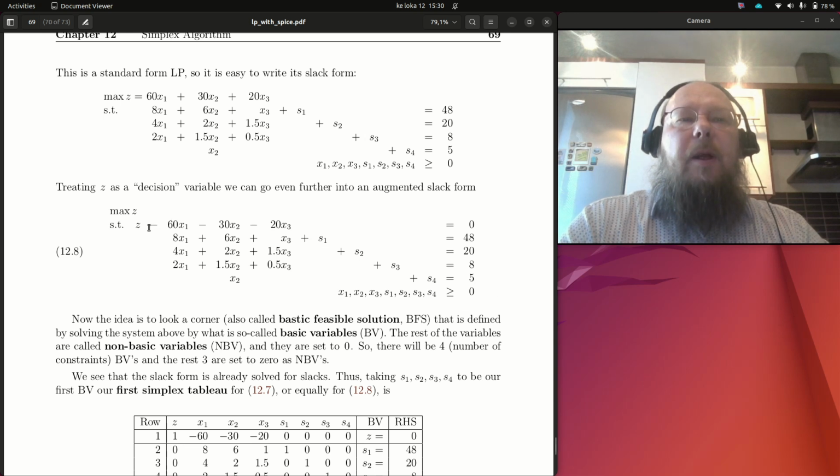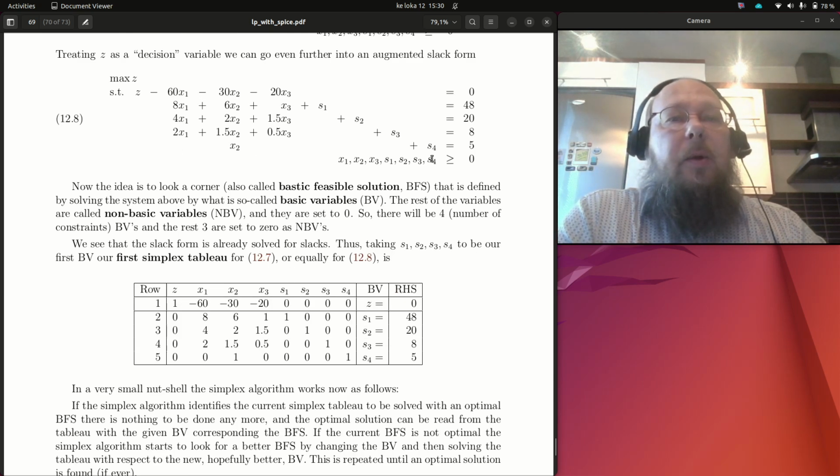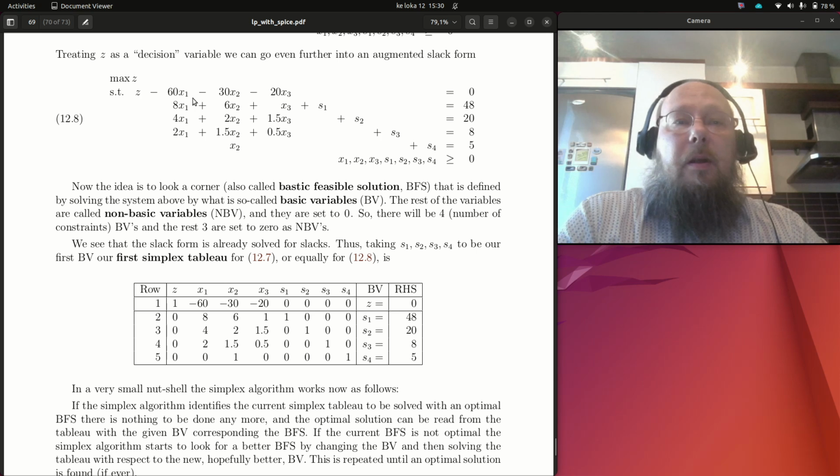So we just do as we do in linear algebra: we forget the variables and just collect the data in a table. So consider this table. This table here, which is what we call the first simplex tableau, is just this system written in a more compact form. Each column corresponds to a variable.